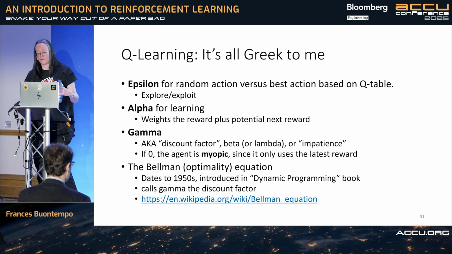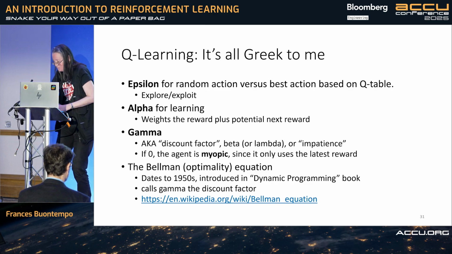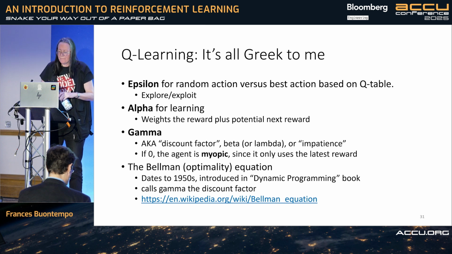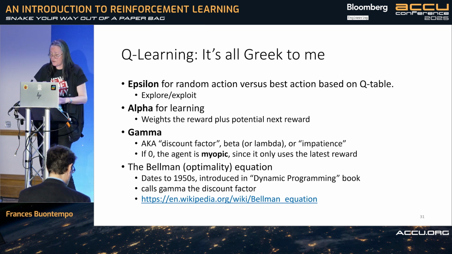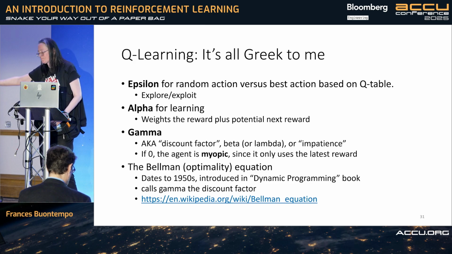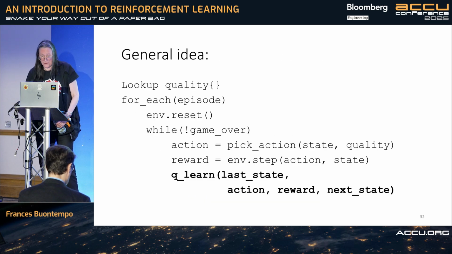Like I said, you can control how much it does this. And actually, for the Bellman equation, you can prove it can find optimal solutions to some problems. But that's some maths stuff.